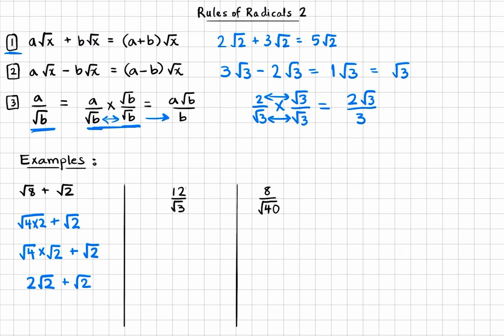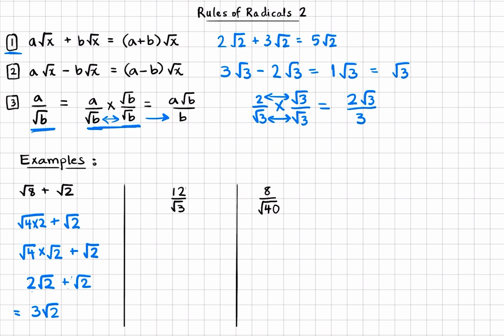It's the same square root in both parts, and they're added. So I'll do 2 plus, I don't see a number here, but if I don't see a number, that means the number is 1. Okay, so 2 plus 1 is 3. So the final answer for this is actually 3 root 2.